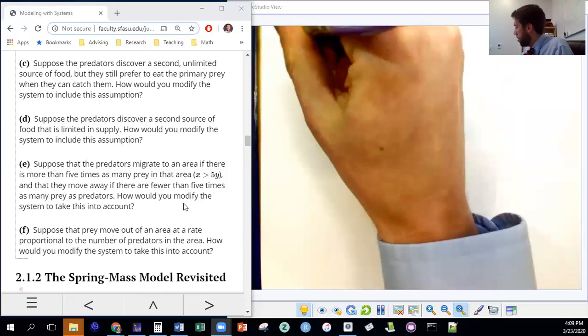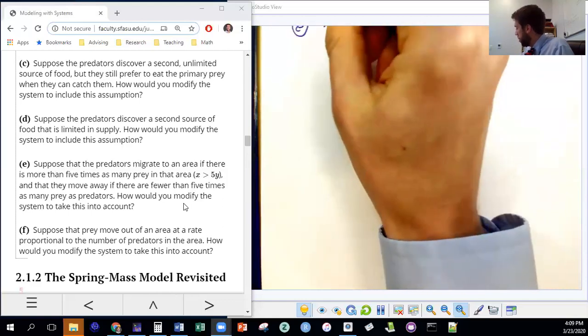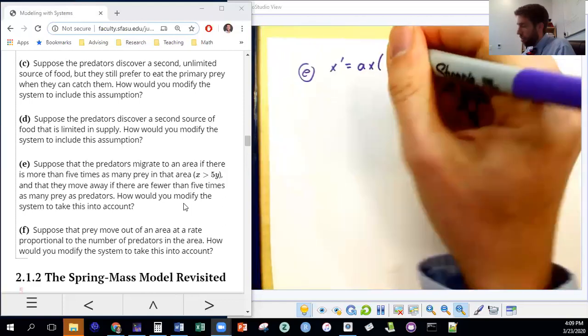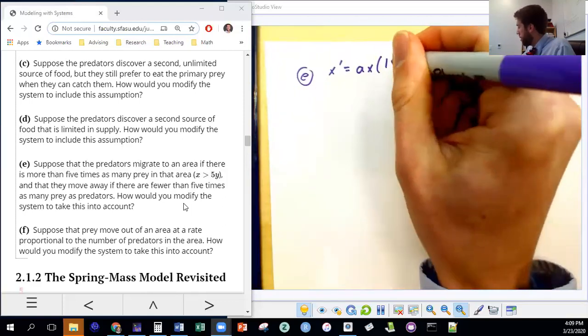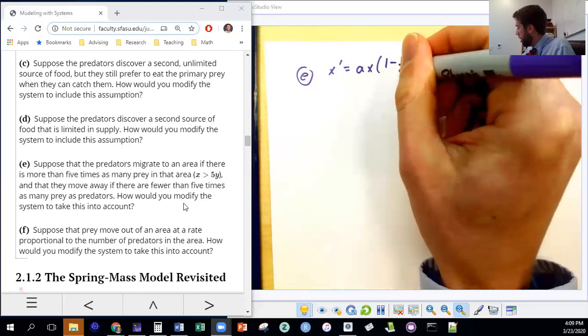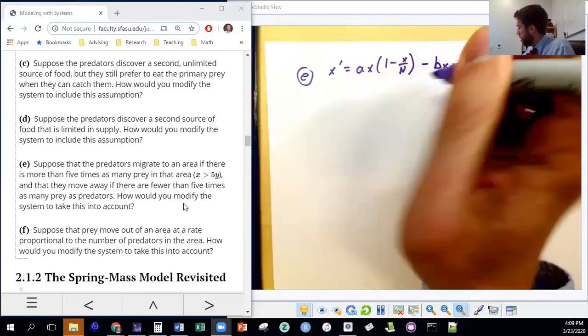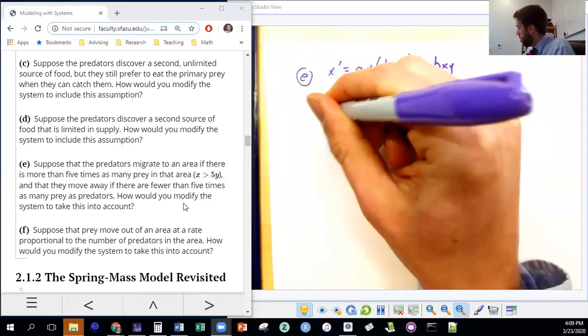So for part E, we've got x prime equals ax times 1 minus x over n minus bxy. Okay, y prime.